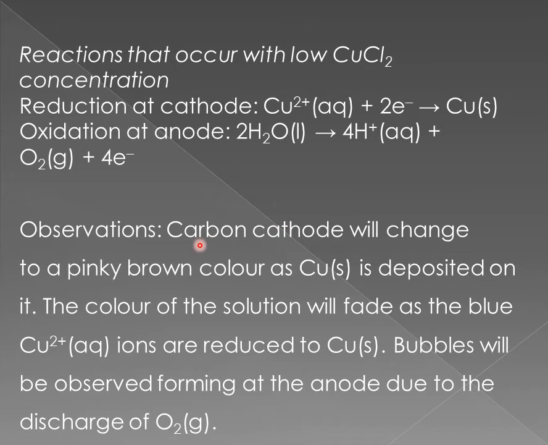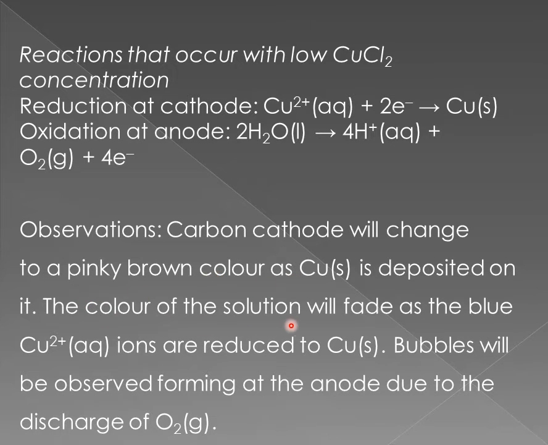What are the observations? The carbon cathode will change to a pink brown color as copper is deposited on it. So at the cathode, copper metal will be deposited on the carbon electrode. It will give a pink color because copper is pink in color.